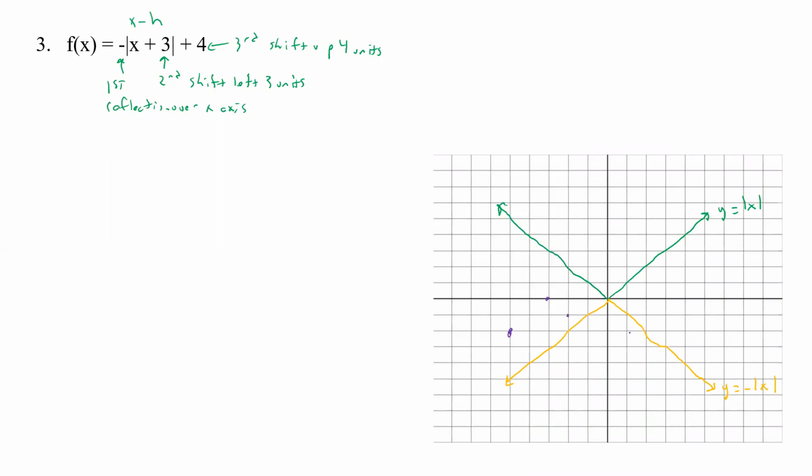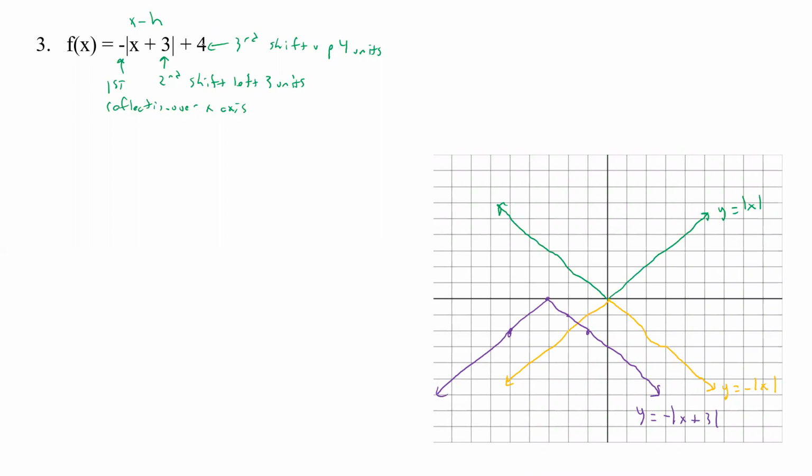And here we'll go 1, 2, 3. And so if I draw this correctly, we have something like that. And so that's our y equals negative absolute value of x plus 3. Okay.